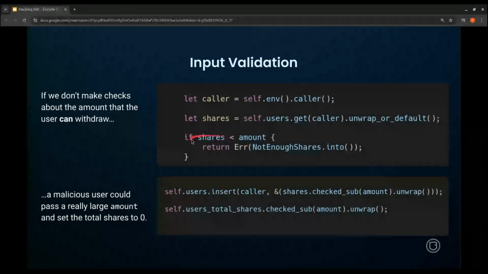Because if we don't have something like shares less than amount, the user can put the max number an amount can hold, and then the last line, the user total shares checked sub amount, can be 0, and it will set the total shares of the contract to 0, because we did not check if the user had those shares in this contract.